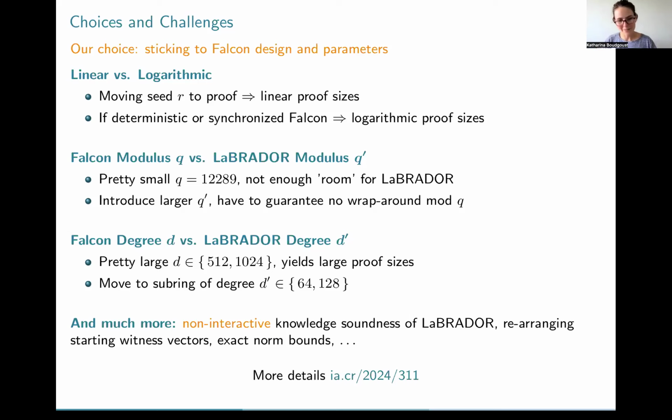But then it wouldn't help us to get a non-interactive aggregate signature. So we had to put a lot of energy into making the non-interactive proof of Labrador. And because Labrador is so complex, it wasn't trivial. You cannot just apply Fiat-Shamir. You want to apply Fiat-Shamir, but you have to be careful whether it works or not.